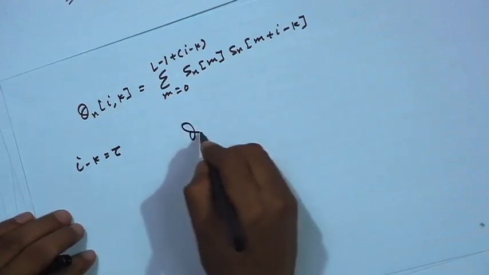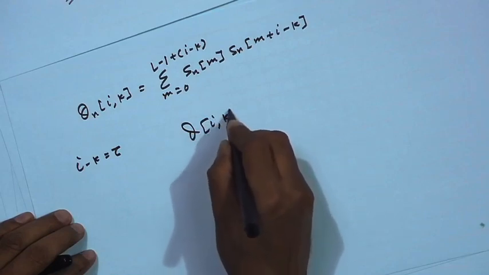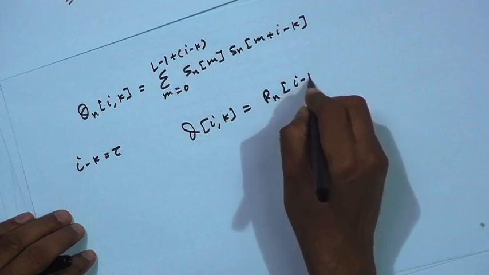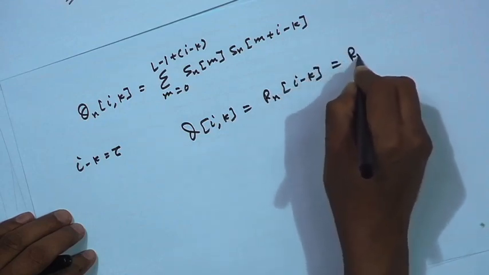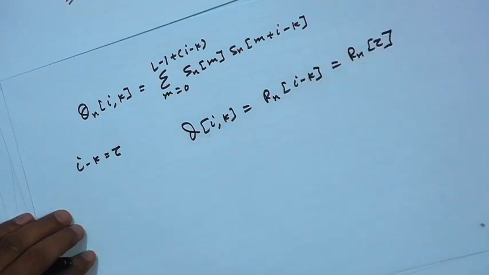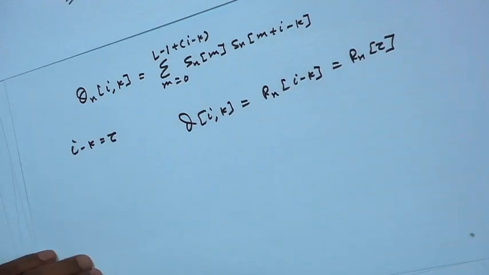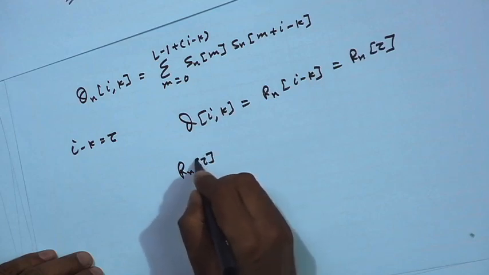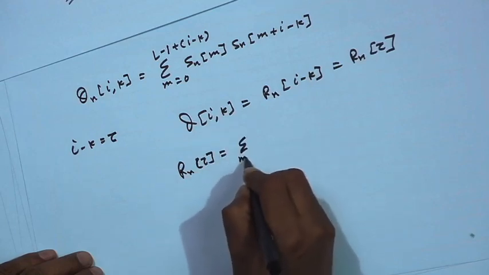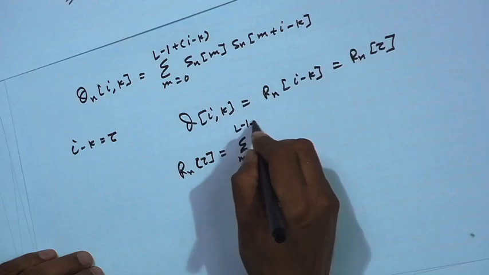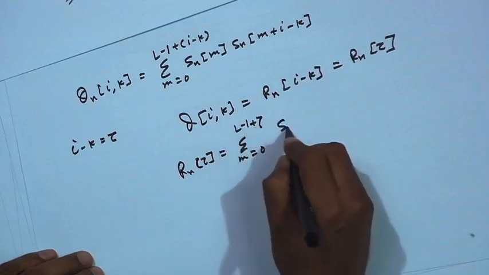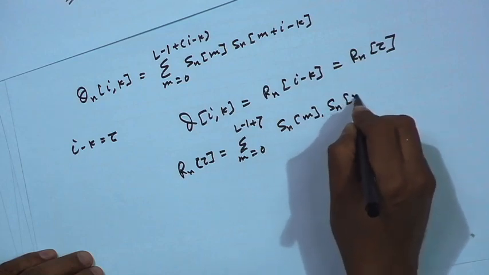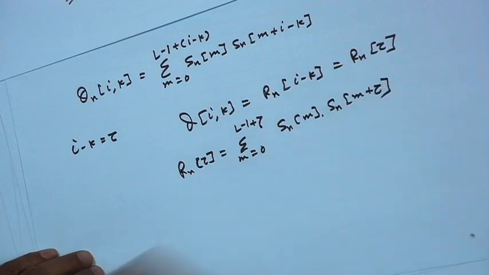So, I can say phi I k is nothing but R n of I minus k, which is R n of tau. So, I can say R n of tau is the sum for m equal to 0 to L minus 1 minus tau of S n of m into S n of m plus tau.